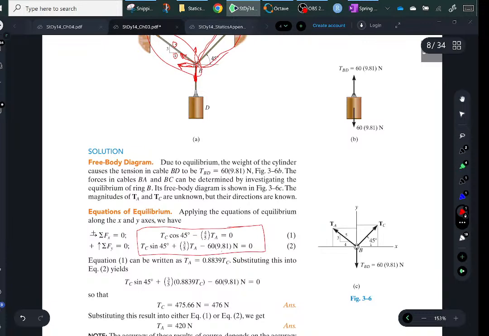Now, granted, there are times that it's easier to solve it without, but if you start seeing the structure always develop in that, hang on, in that I got a TC and then a TA, and you start looking at it, you see cosine of 45, and you see sine of 45, and then you see this minus 4/5 and 3/5.